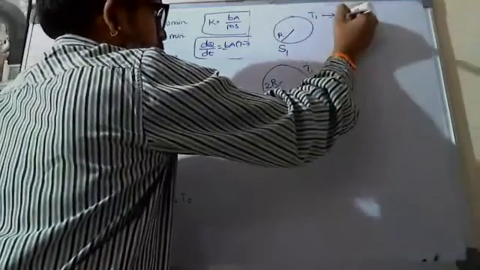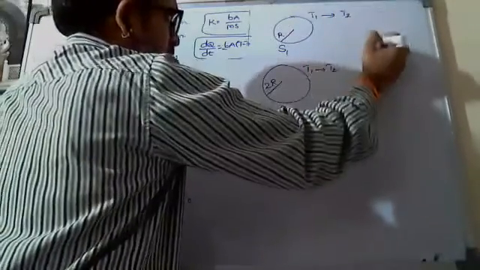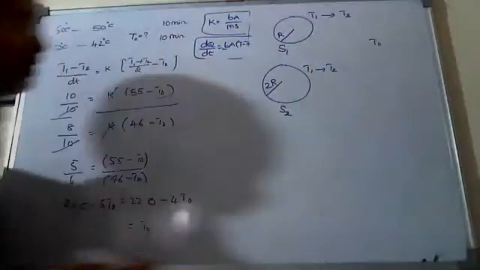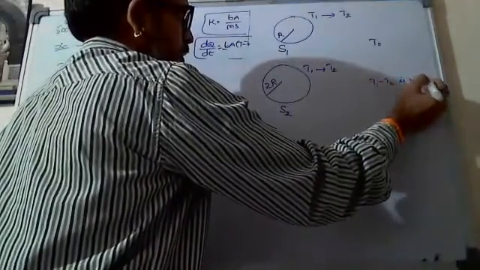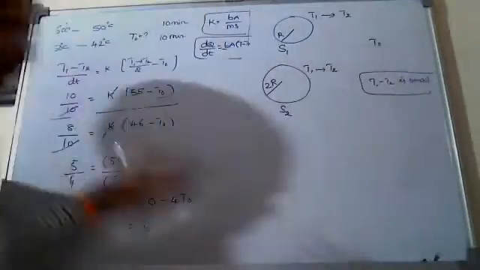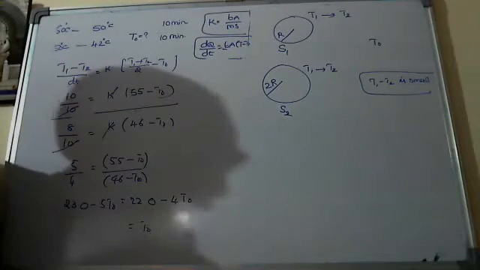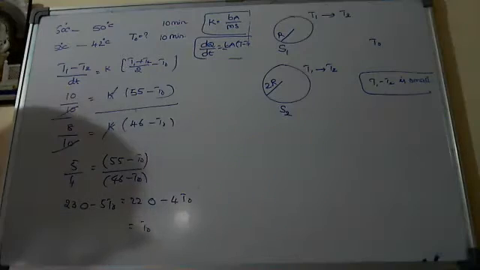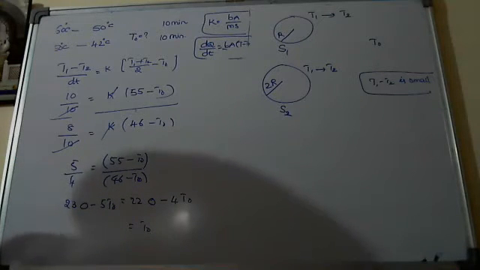Both are cooled from T1 to T2 in the same surroundings of temperature T0, where T1 minus T2 is small, less than or equal to 10 degrees Celsius. In that case, what will be the ratio of times taken to cool those two spheres?